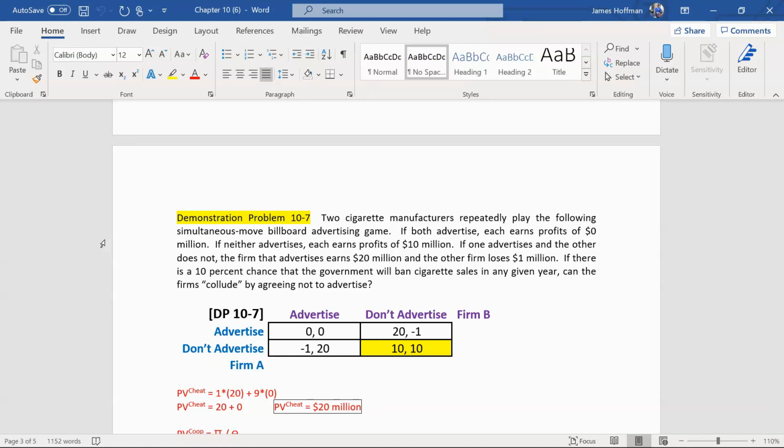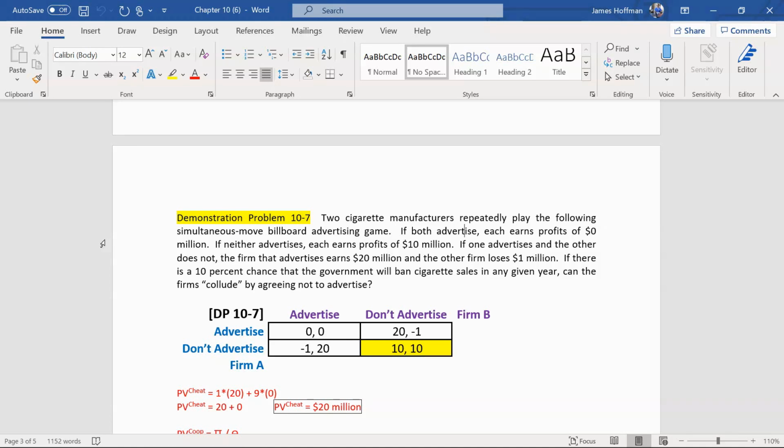Alright, so now we're looking at, again, an advertising scenario in which both firms benefit from that advertising if they can agree, but advertising is costly, so it just cancels each other out. But then if one firm advertises and the other doesn't, they steal too many customers away. And so that's the game that's going on with these oligopolies.